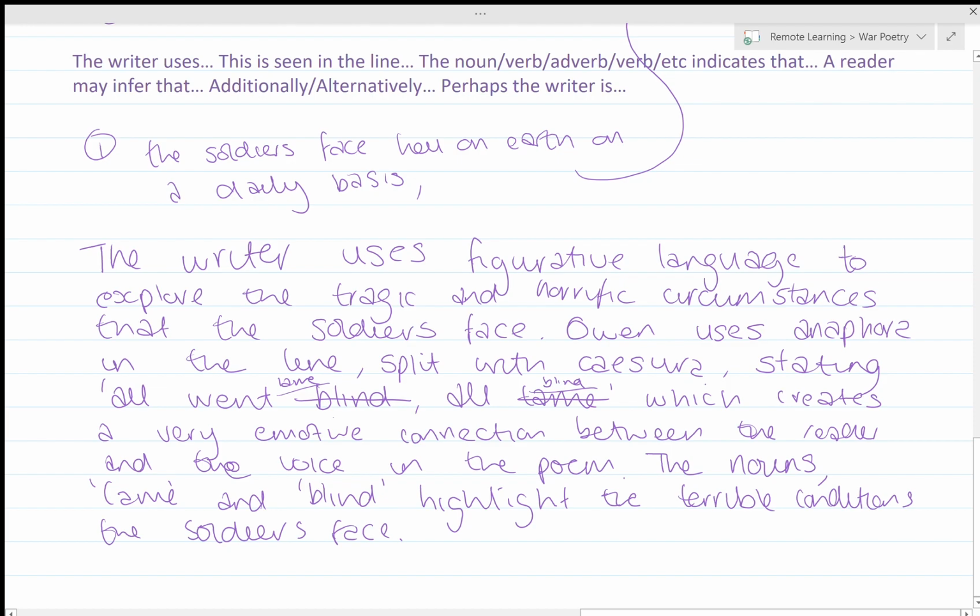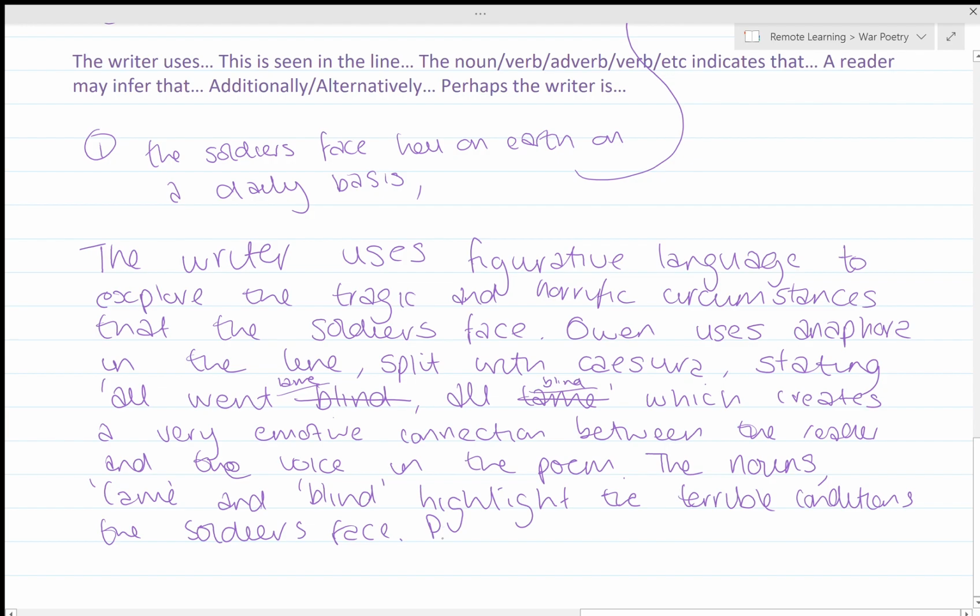But I want to show off a little bit. I want to talk about what a reader might infer. So, lame and blind. Now, remembering what we talked about yesterday, how this poetry is a response to the poetry of Jesse Pope, we're seeing how this lame and blind might be a reflection of how the public are lame and blind to the actual tragedy of the war. So I really want to dig into that idea.